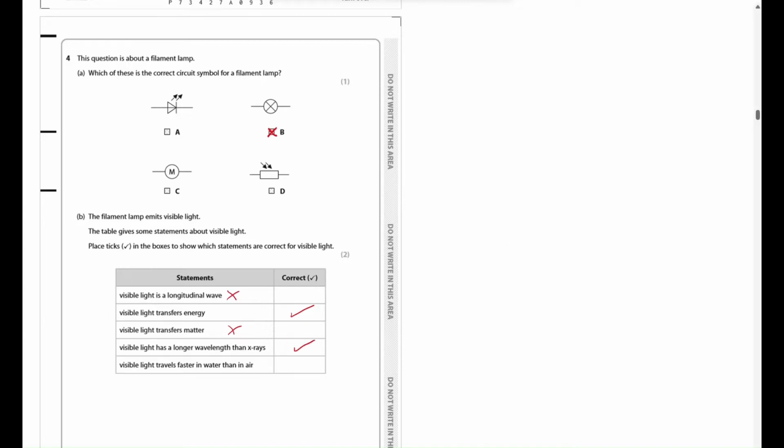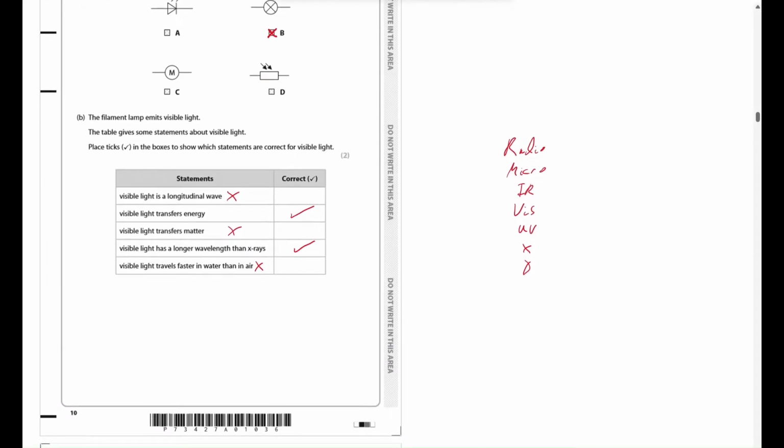Yes, make sure you learn the order of the electromagnetic spectrum. It's radio waves, microwaves, infrared, visible light, ultraviolet, X-rays, gamma rays. Make sure you know that. Visible light travels faster in water than air? No, refraction, it slows down. So that's the correct answer there. I probably would not have done that.